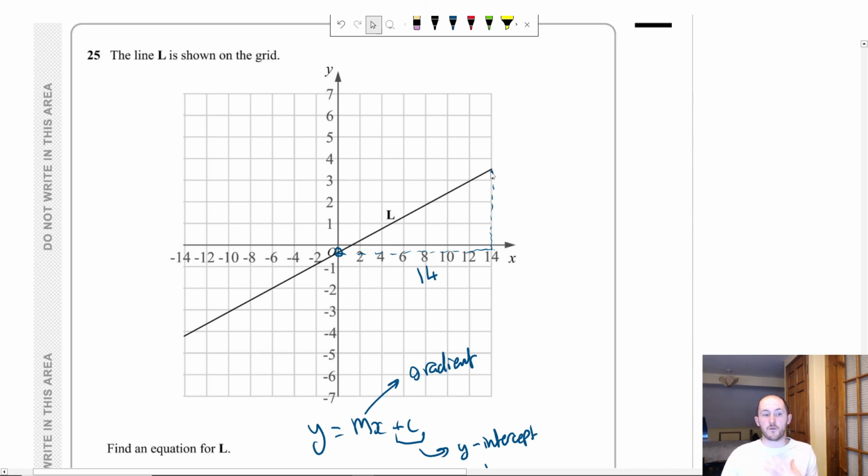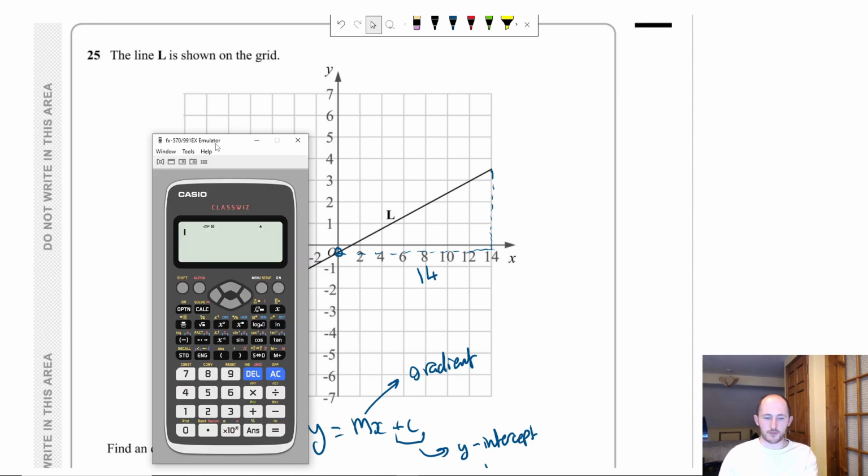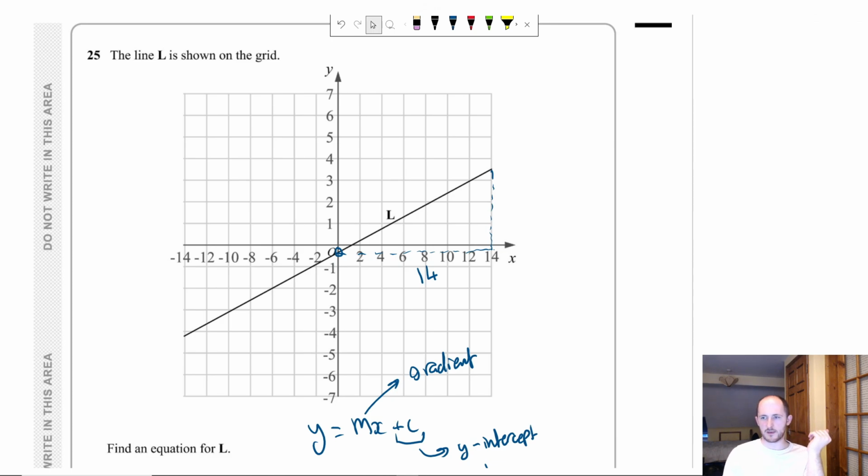So that's a difference of 4. If you want to work it out, you would do 3.5 minus 0.5. And that will also give you 4. So either way you do it, you get 4, right? And the gradient is just going to be those two numbers divided by each other, but you always do the height divided by the width. So the gradient in this case is going to be 4 over 14, which I'm going to simplify, dividing top and bottom by 2, to 2 over 7.